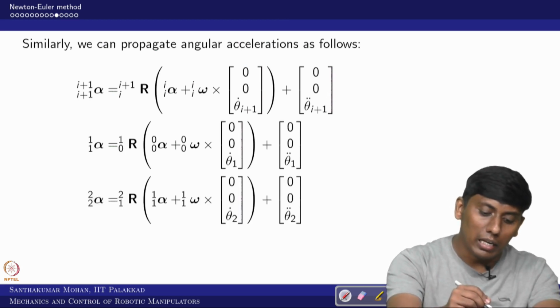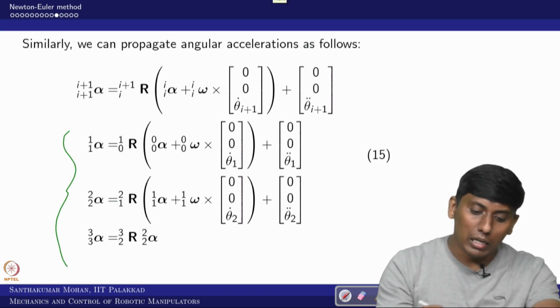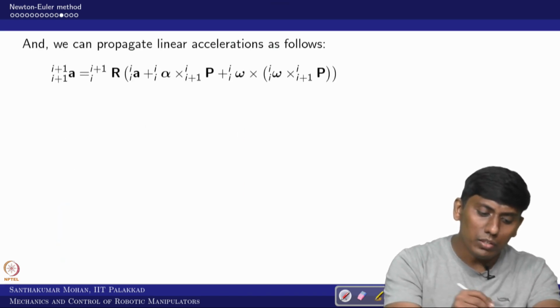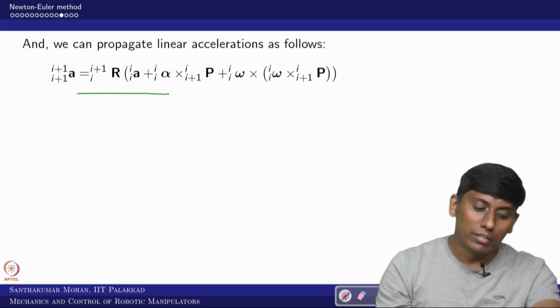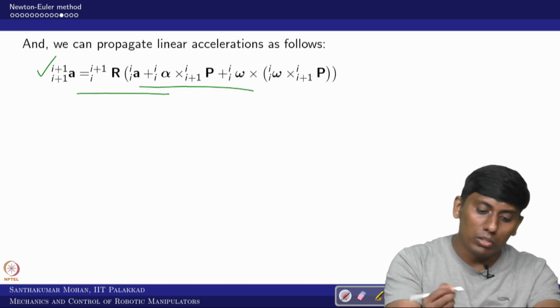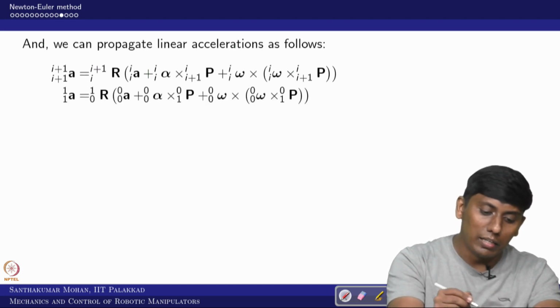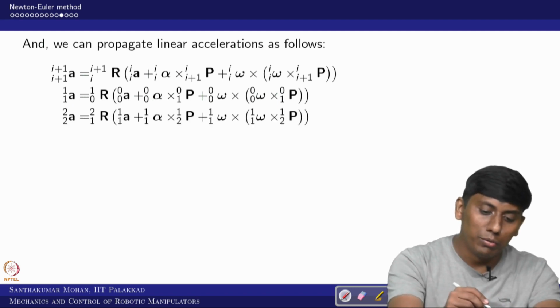So you can calculate all three. Once you calculate all three, we can go to the linear acceleration. In this case, with only rotary joints, there is no Coriolis and slip. So these three would be from the previous joint, and we can calculate that. So we can start from 0 to 1, 1 to 2, 3, so that we can do it.